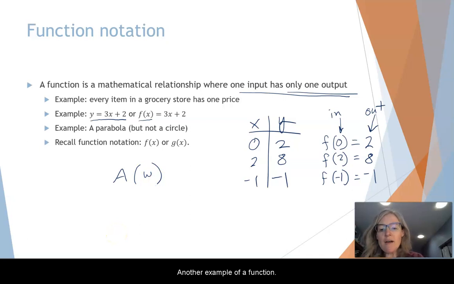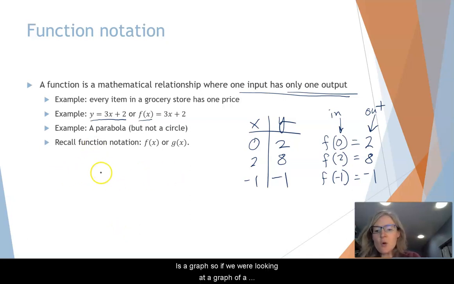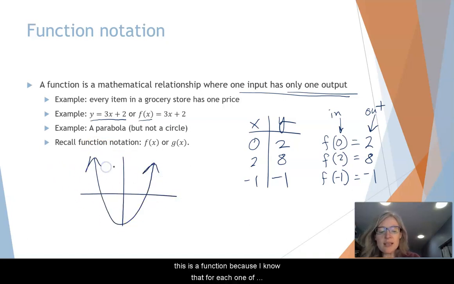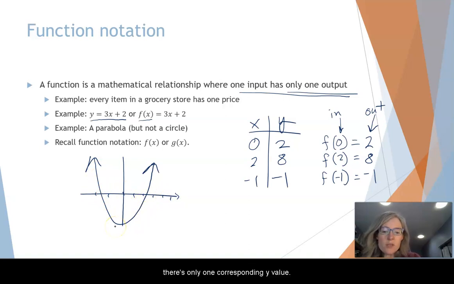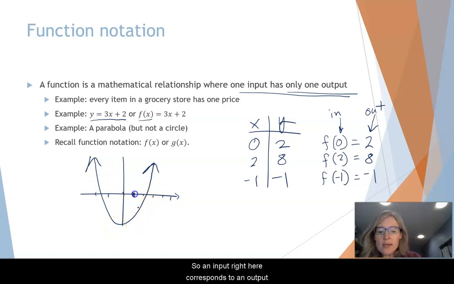Another example of a function is a graph. So if we were looking at a graph of a parabola, which looks like this, it is a function, because I know that for each one of these inputs, each one of these x values, there's only one corresponding y value. So an input right here corresponds to an output right there. An input over here corresponds to an output up here.